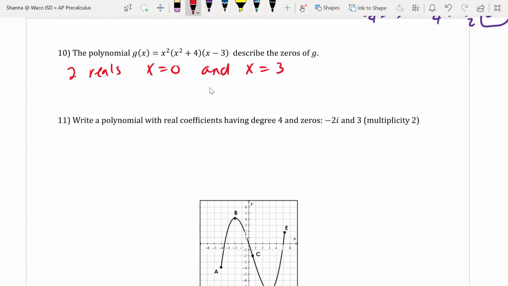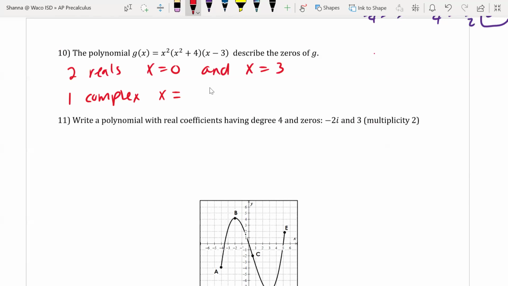Good. And then I have one what? One complex, one imaginary, right? And what is it?